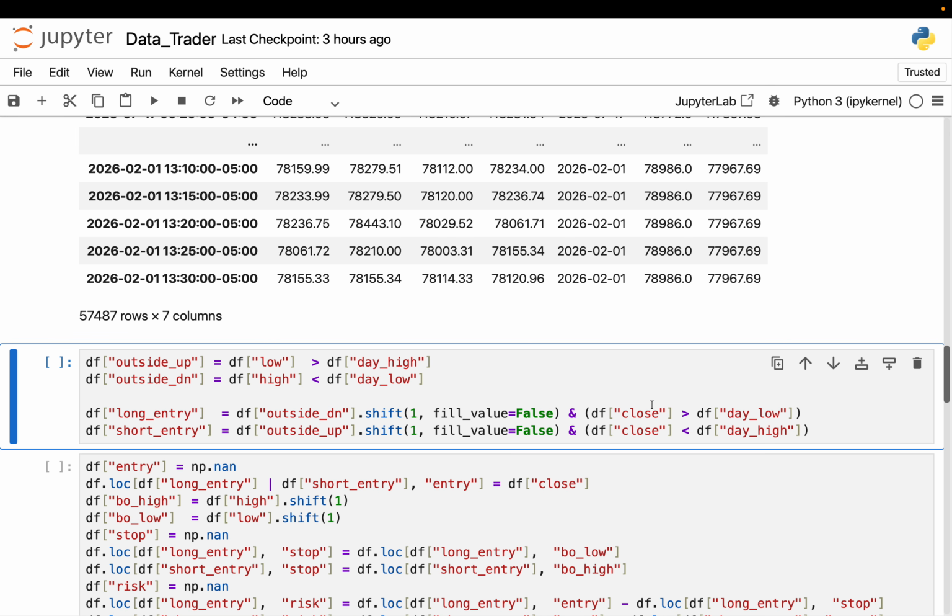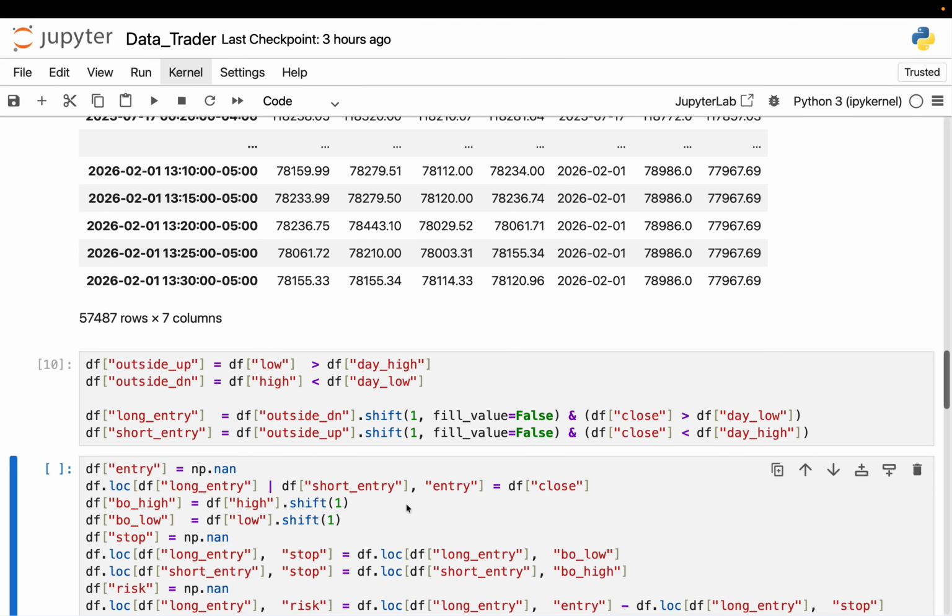And current close is back above the day low. Similar logic for the short entry. The breakout up, previous candle was breakout up, and the current close is back below the day high. That's where the wait for it to close back inside the range happens. That is just the logic behind that.